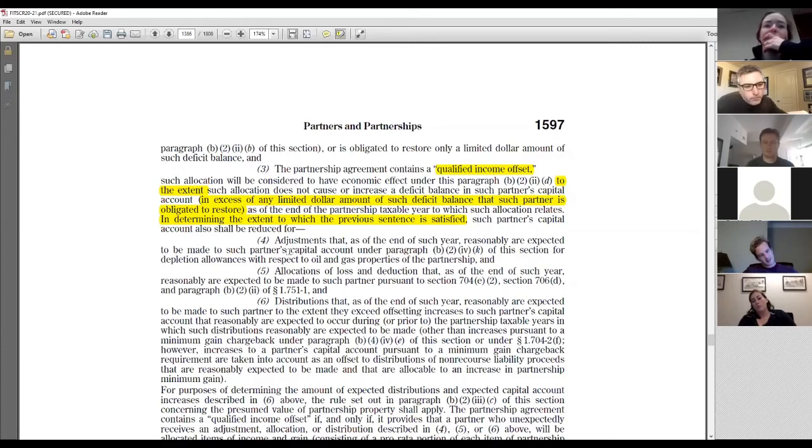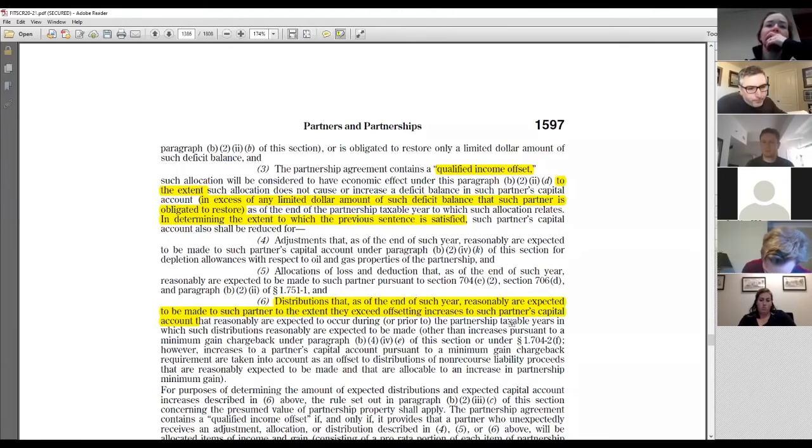So again, you can annotate your code, just cross out 4 and 5. We're really worried here about distributions. We're going to take into account distributions that at the end of the current year are reasonably expected to be made to the partner to the extent they exceed offsetting increases to such partner's capital account.